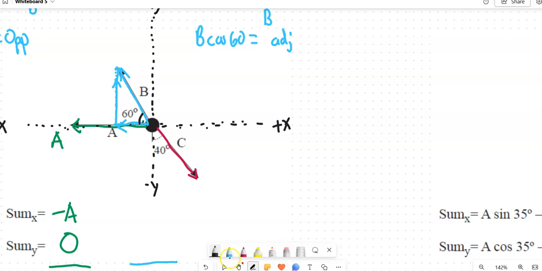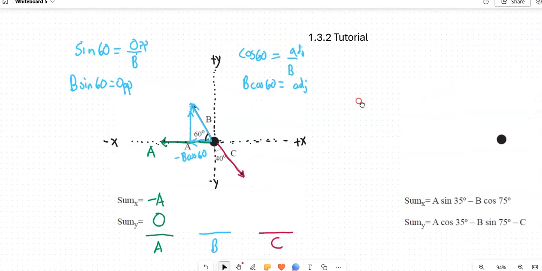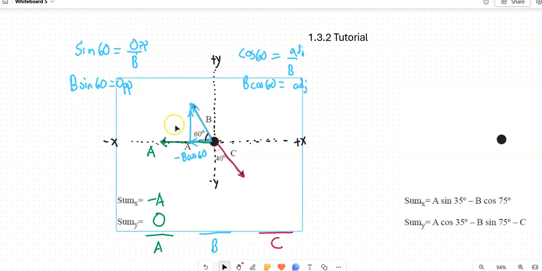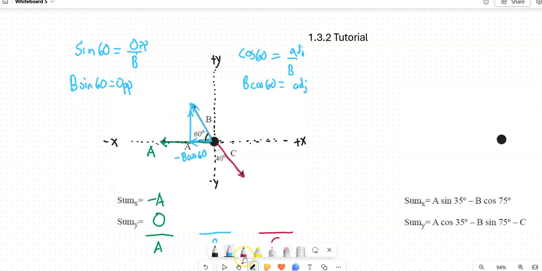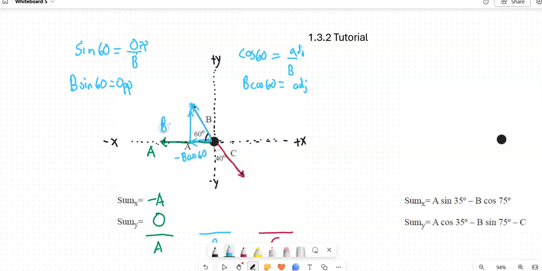So this side that's pointing to the left is going to be B cosine 60 degrees, and it's pointing to the left, so it's pointing in the negative x direction. The side opposite the angle 60 degrees, which happens to be the vertical side this time, is going to be B sine of 60 degrees, and it's pointing up.